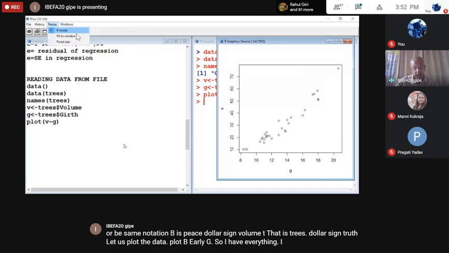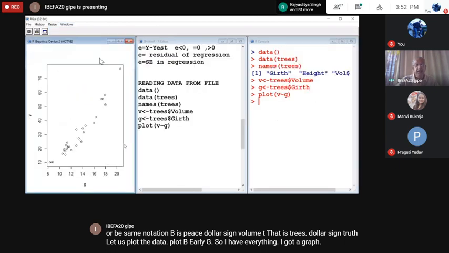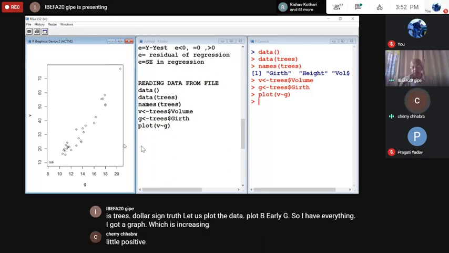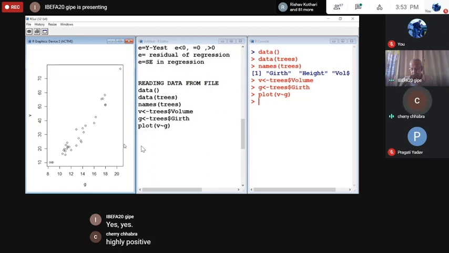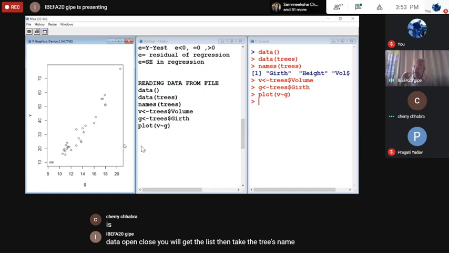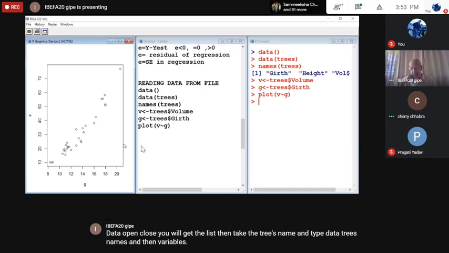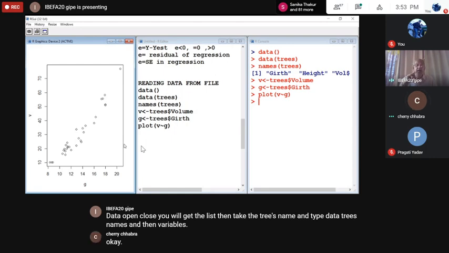I got a graph which is increasing, highly positive. Highly positive data. You got the data? Data open close, you will get the list. Then take the trees name and type data trees, names, and then variables. Okay, so here is the graph.